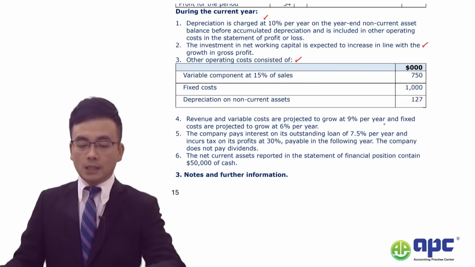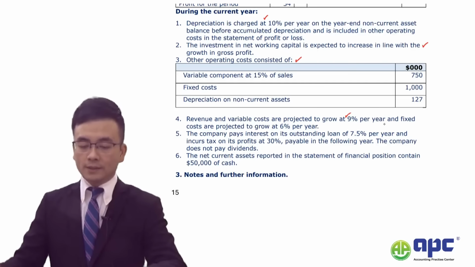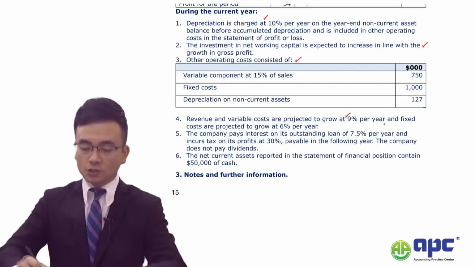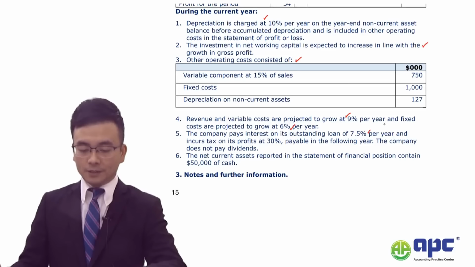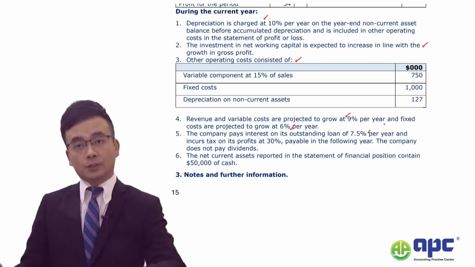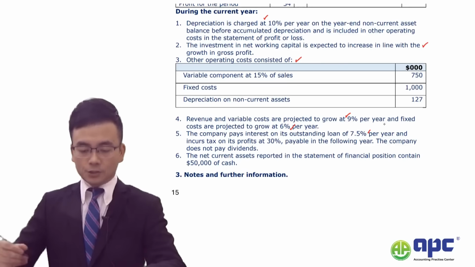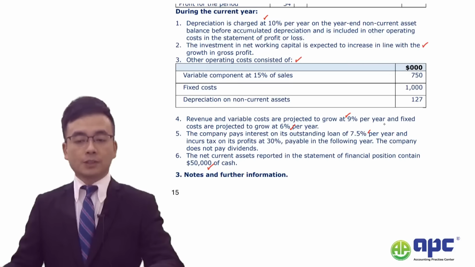profit. And revenue and variable costs grow at 9%, and fixed costs growing by 6%, and paying interests, okay, does not pay any dividend. So that's why the free cash flows to equity will be standing for the amounts that we owe to our shareholders. And also we've got cash of 50,000 there.